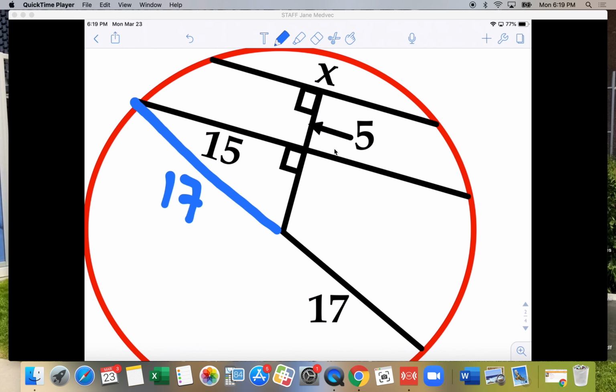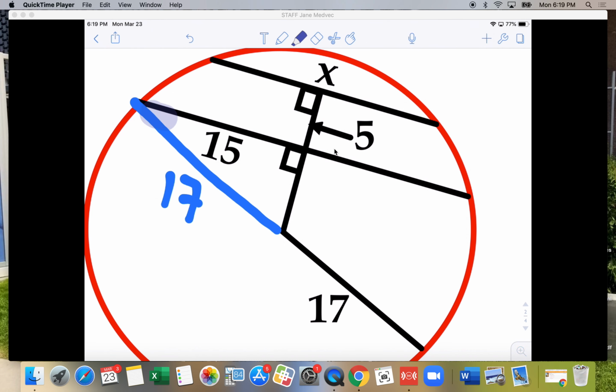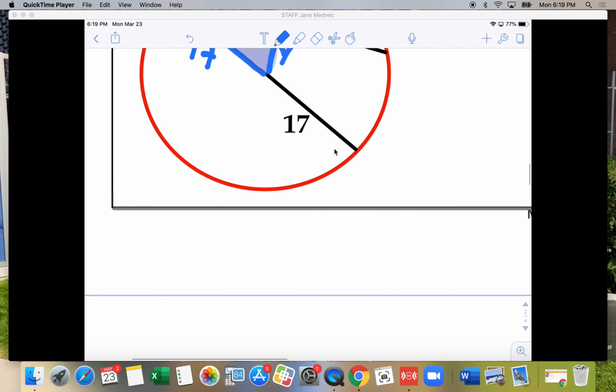Right? And if I do that, you're going to notice that I have a nice little triangle that I've created right here. And I'm going to call this section right here Y. So I'm going to take that triangle out. This is 15.